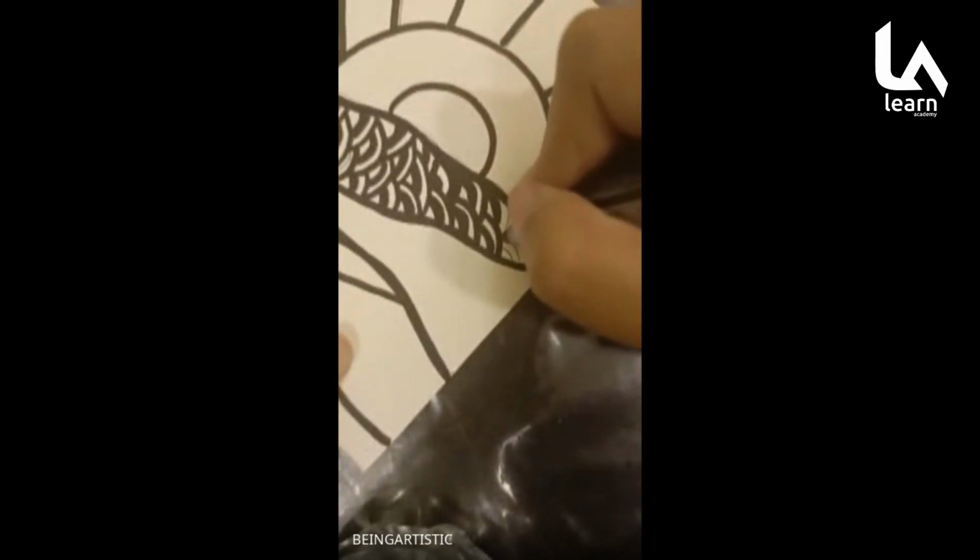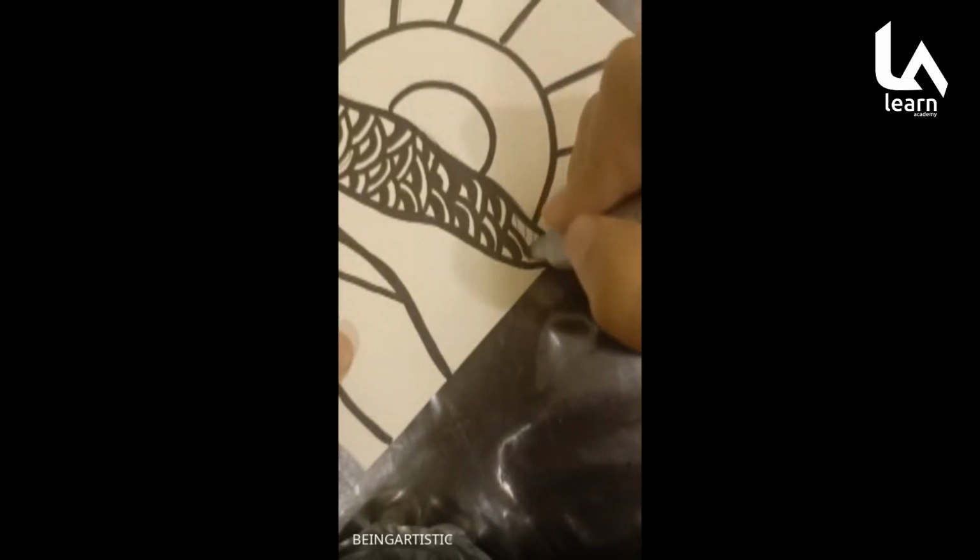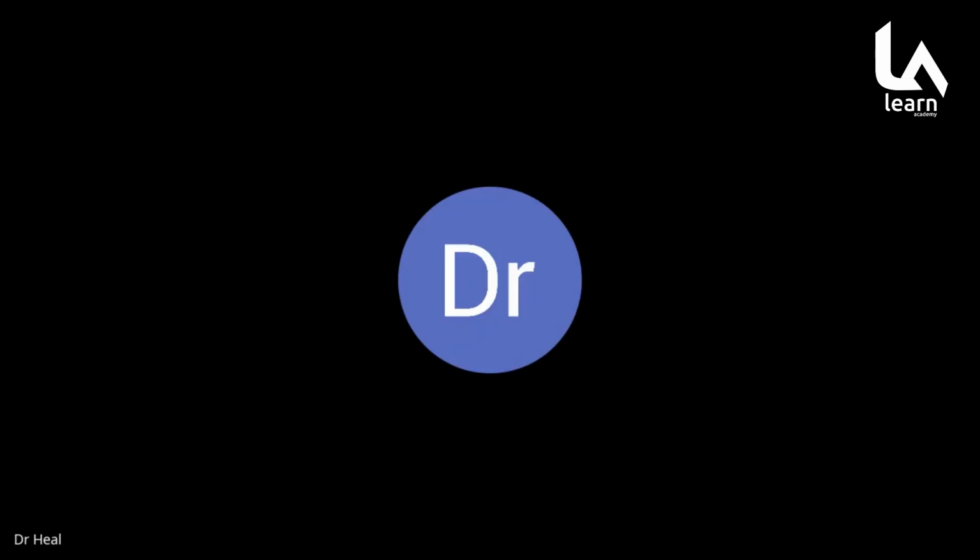Don't use more than 4 colors, and all of your colors should go in a combination. Like you can use red, yellow, orange, or different sorts of purples. So it is very important that you use good colors and make a good combination.